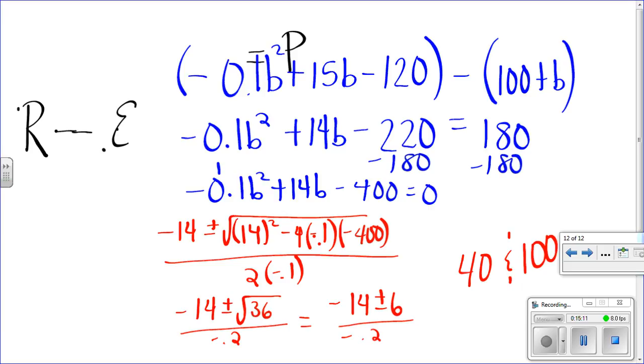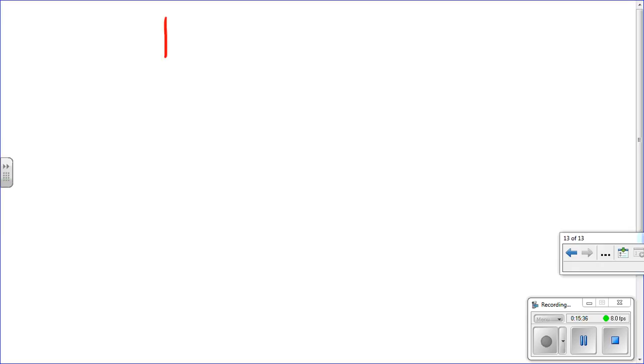How many books must be printed and sold if the company is to break even? What does break even mean? That means your revenue and your expenses are equal. Okay? Revenue and expenses are equal. That means R equals E. What's R?